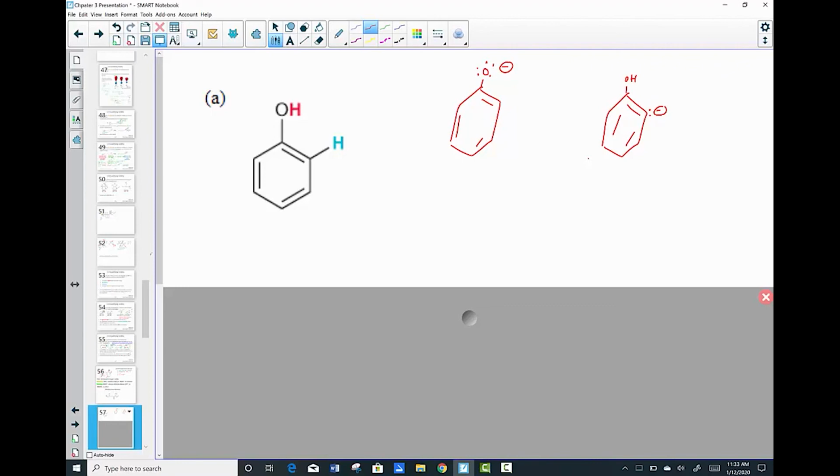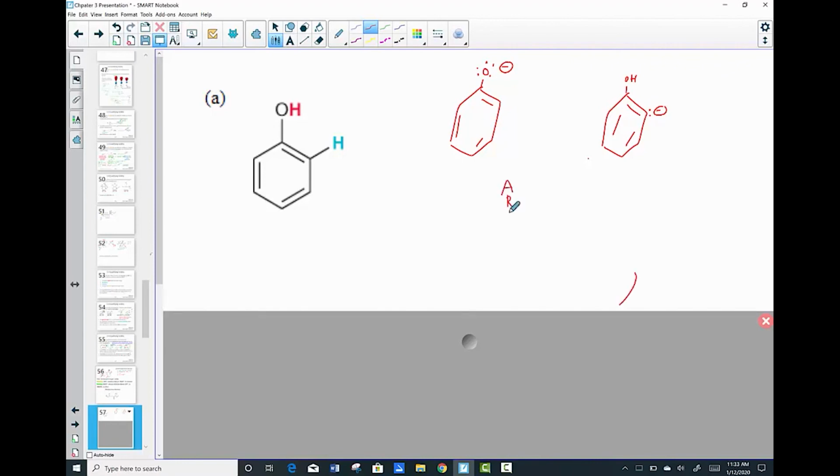So, ARIO, the atom, make that your first decision. The red proton is attached to an oxygen. The blue proton is attached to a carbon. A is the very first decision.